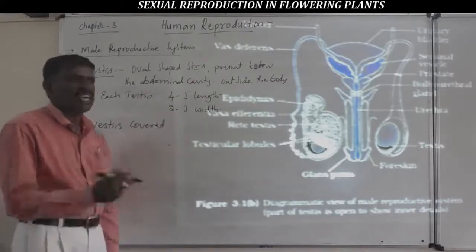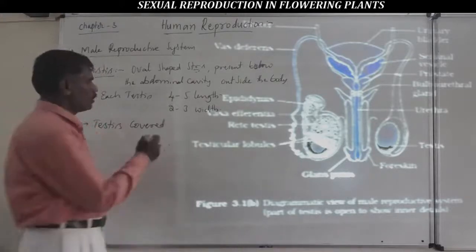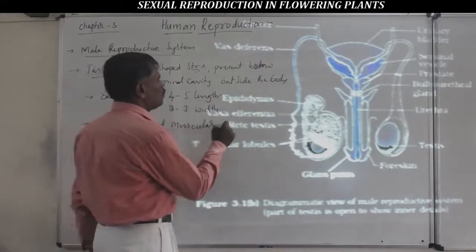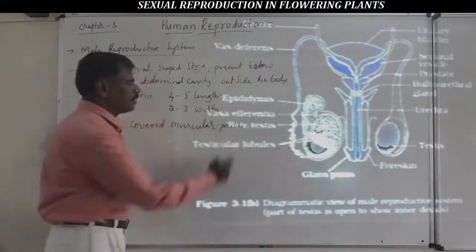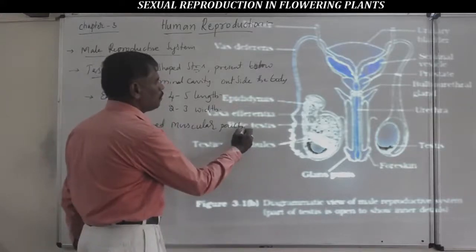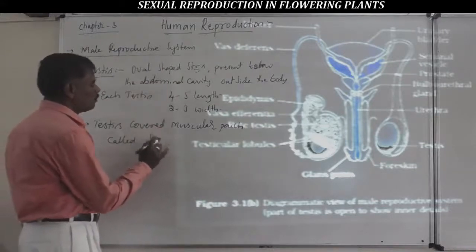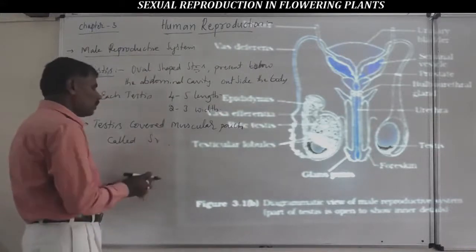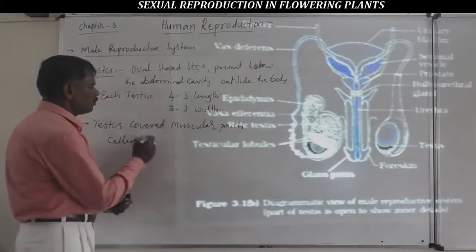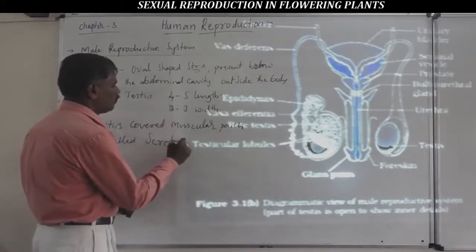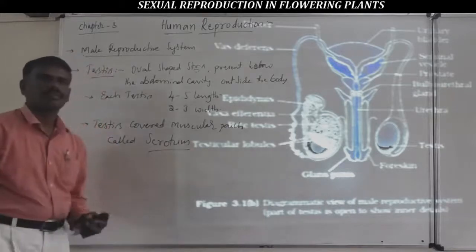Each testis is covered by a muscular sac, a muscular pouch. This muscular pouch is called the scrotum.